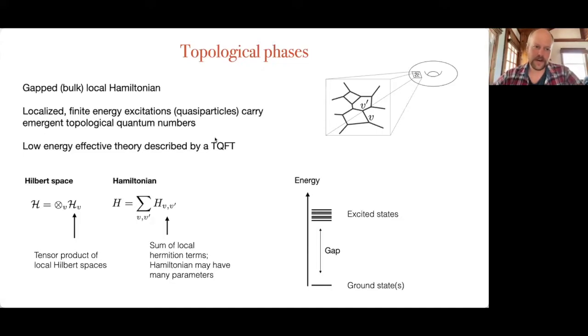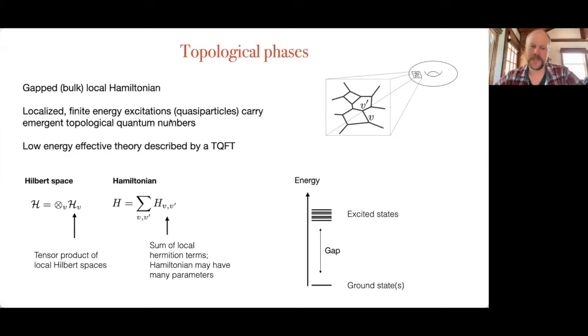So in such a scenario, we would also like to consider a scenario where the excitations are defined by sort of local blobs of energy. So it'll be local blobs of energy that sit on the surface, and we'll characterize them in terms of emergent topological quantum numbers.